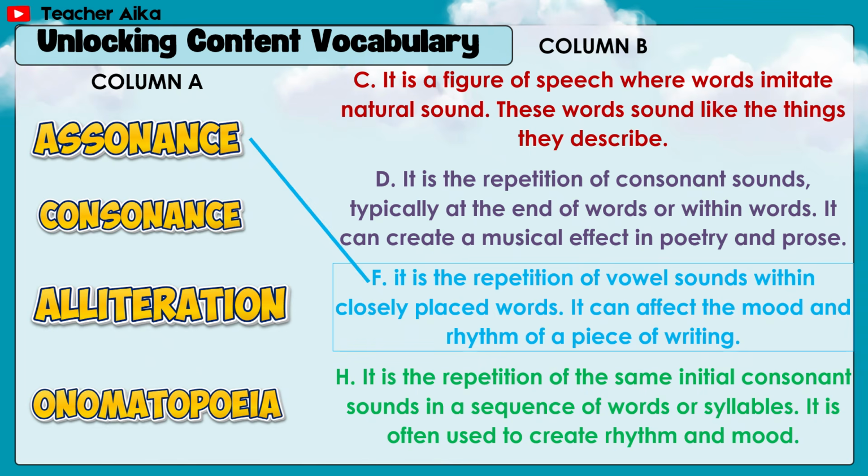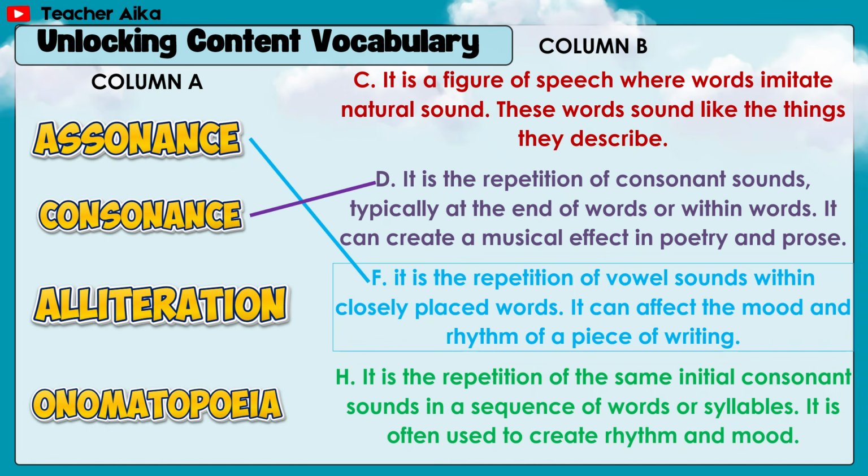Answer F. It is the repetition of vowel sounds within closely placed words. It can affect the mood and rhythm of a piece of writing. Sixth, consonance. Answer D. It is the repetition of consonant sounds, typically at the end of words or within words. It can create a musical effect in poetry and prose.